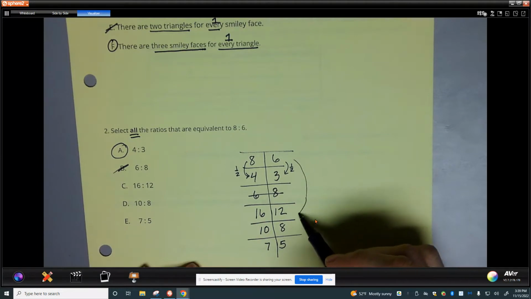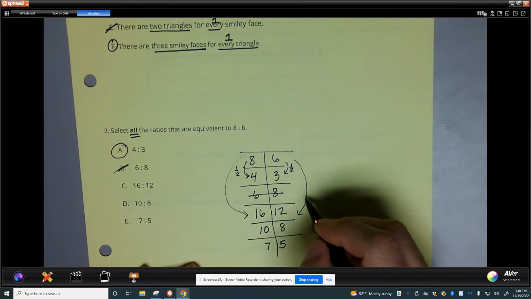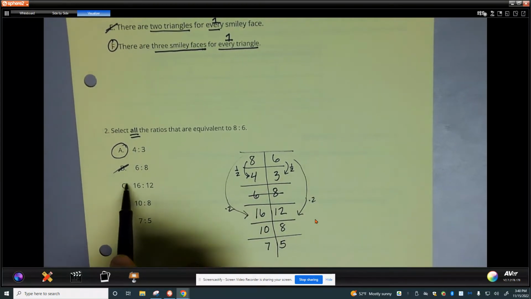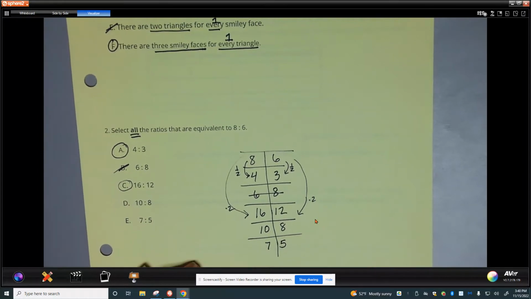If I double 6, I get a 12. And if I double 8, so that doubling is a times 2, gives me the 16 to 12, so that is a true statement. When I get to 10 and 8, and the 6 and 8, we got to look for something. We need to either look at the unit rate or what my multiplier is.